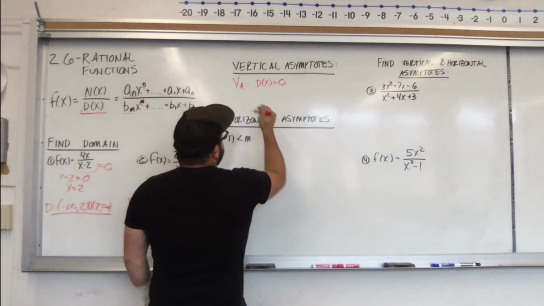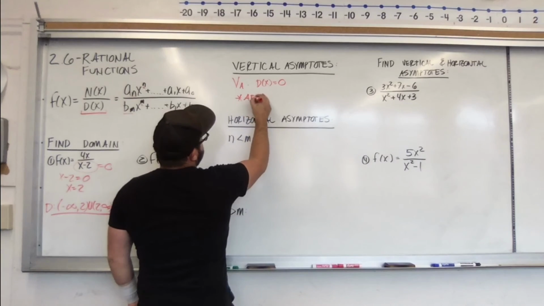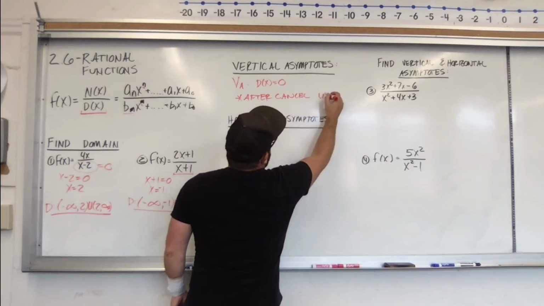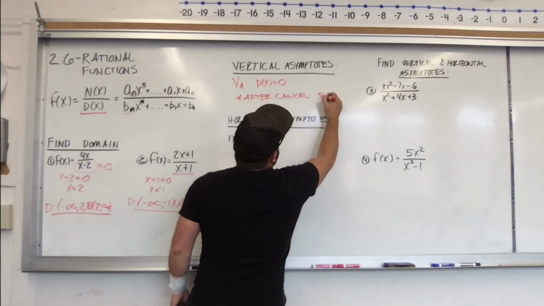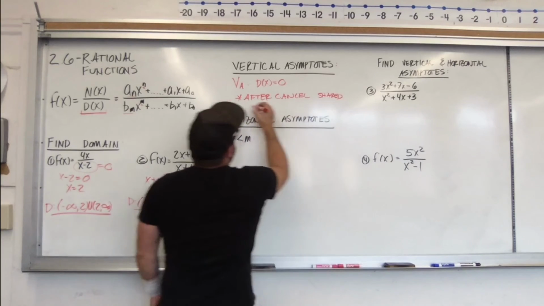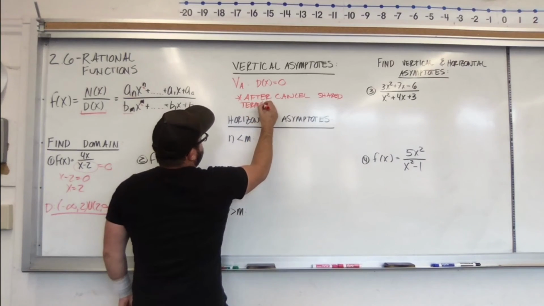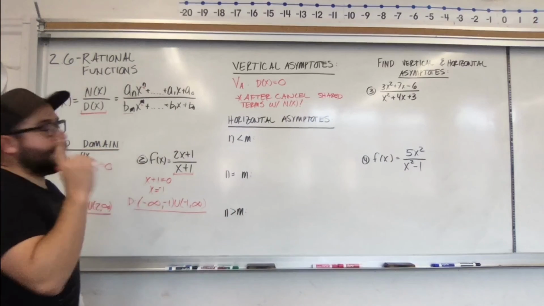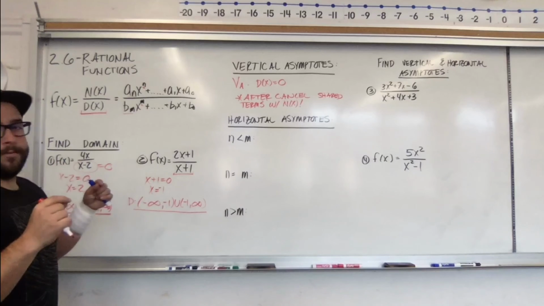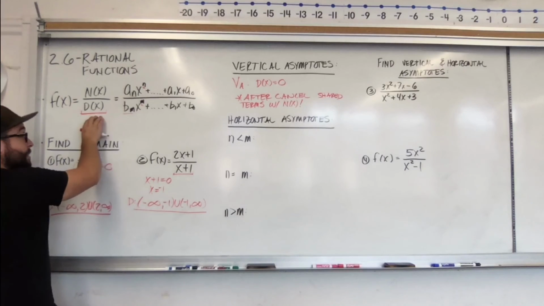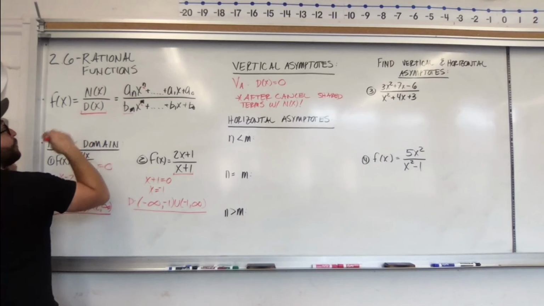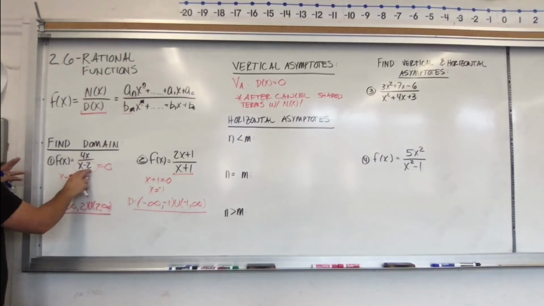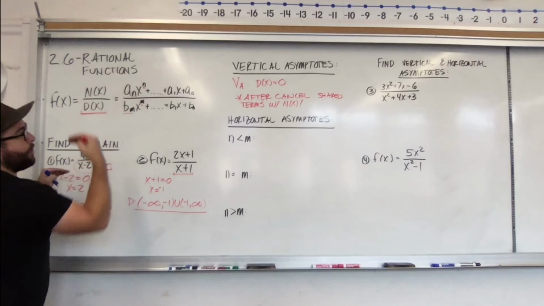Now, one little key piece is not like terms, I'll say shared terms. We need to make sure we don't just look at the denominator for vertical. That is the starting point, don't get me wrong, but all of our vertical asymptotes are going to be the zeros of the denominator that are not also shared with the numerator.